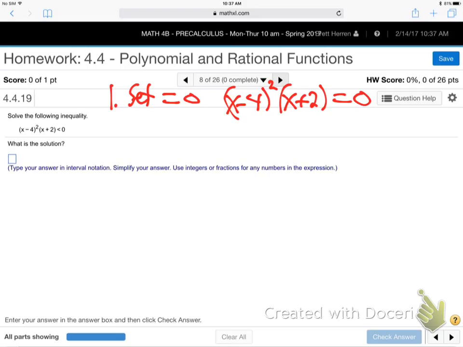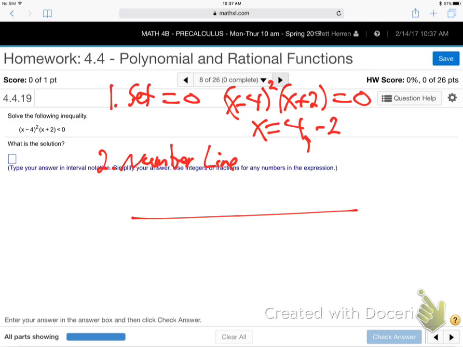So what are the answers that make it equal to 0? 4 and -2. Good enough? Just opposite, right? We good? 4 and -2. All right. Step 2, number line. Put those values on the number line. +4, -2.